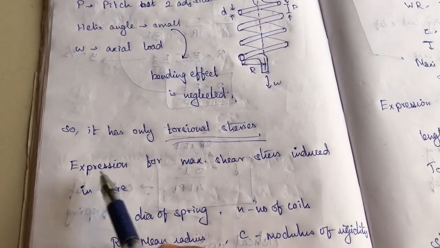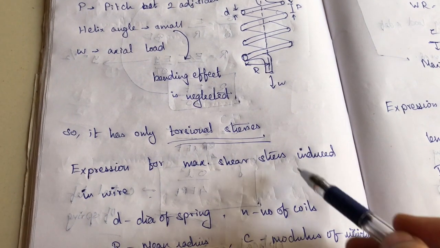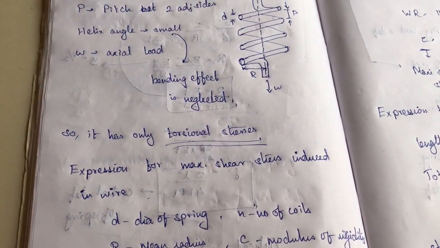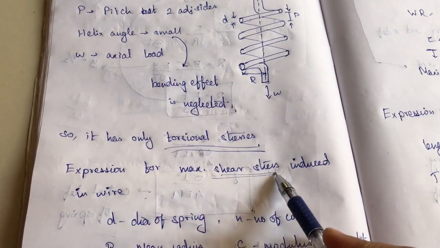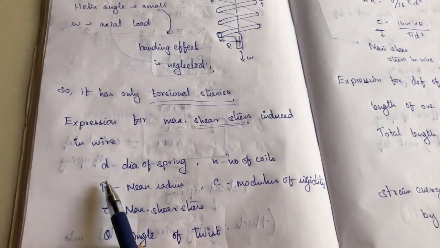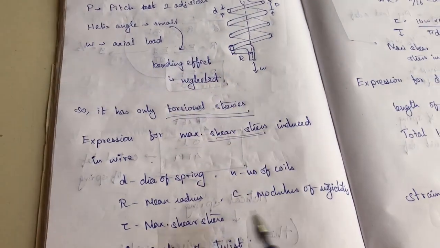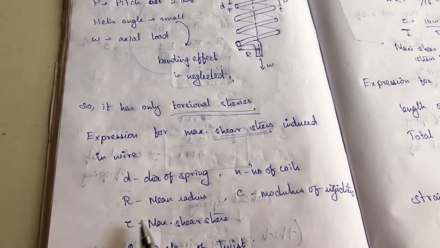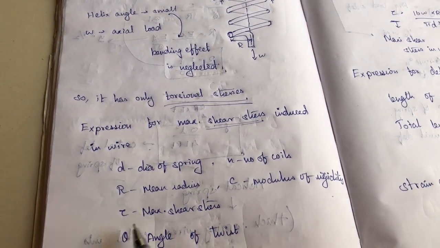Okay. Expression for maximum shear stress induced in the wire. Due to this torsion there will be shear stress, right? We are going to see that. D is the diameter of the spring. N is the number of coils, R is the mean radius and C is the modulus of rigidity.